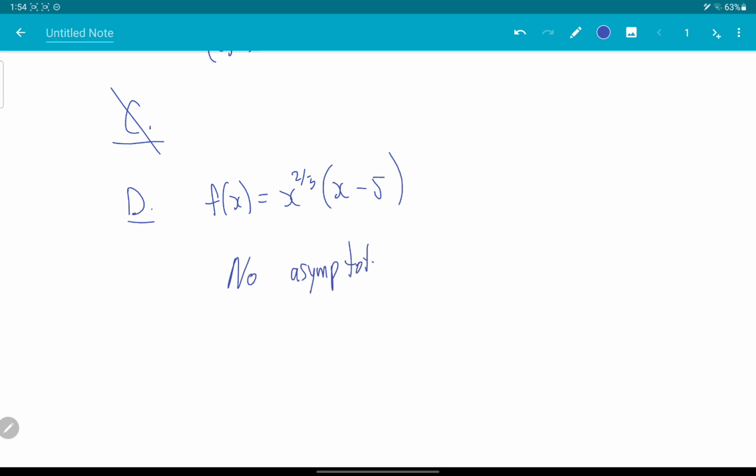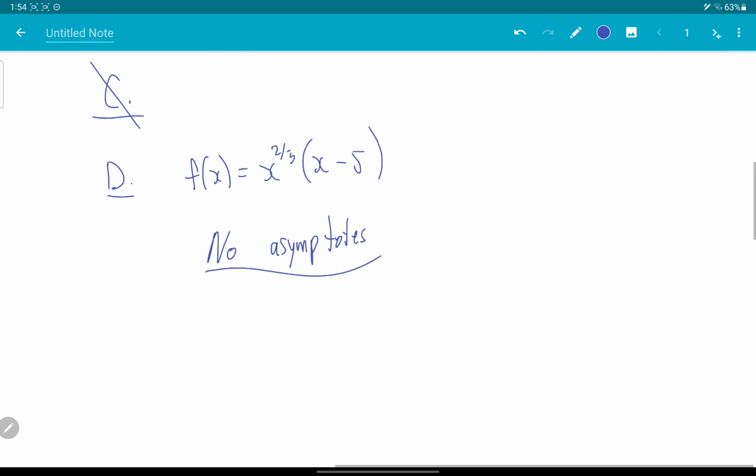No asymptotes. Since, as we said, no vertical asymptotes, but also when I do my two limits, x goes to infinity, x goes to minus infinity.